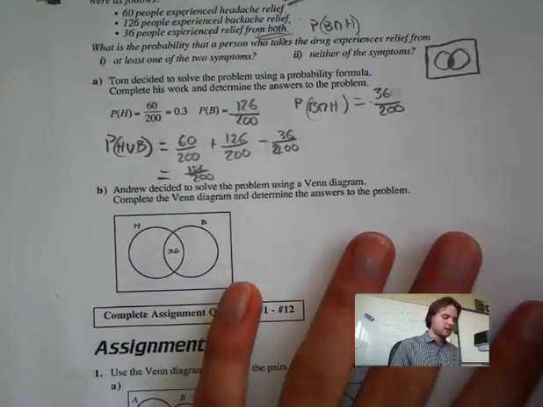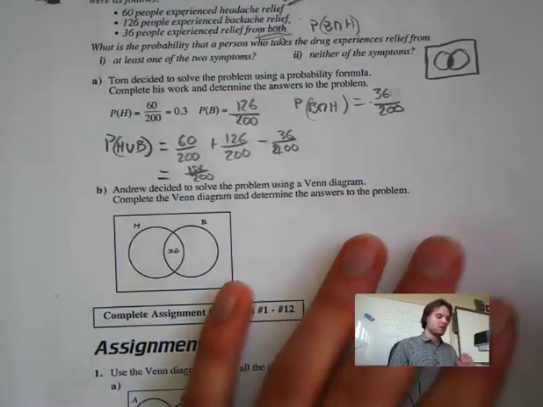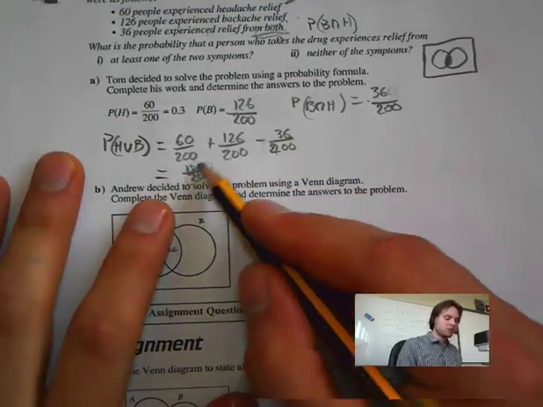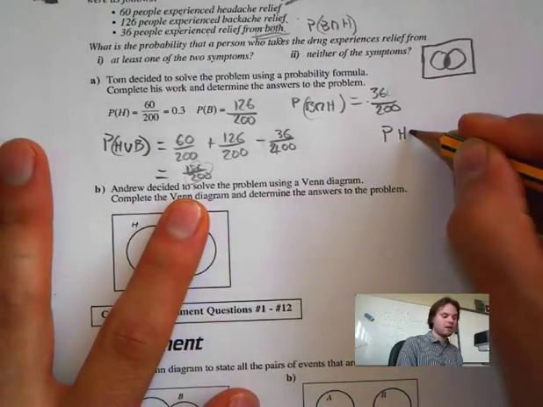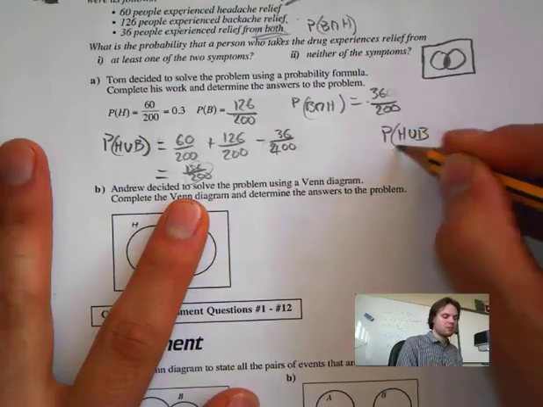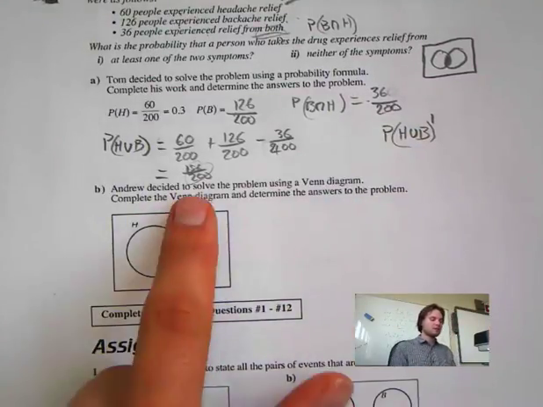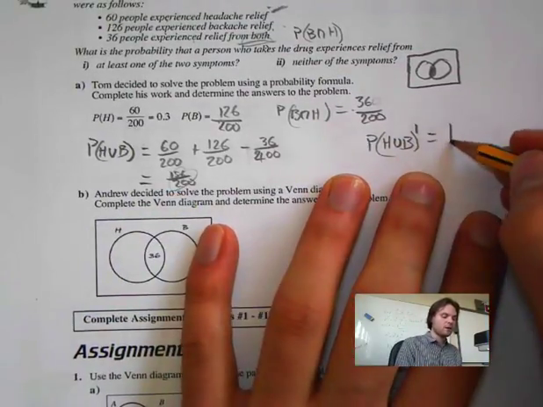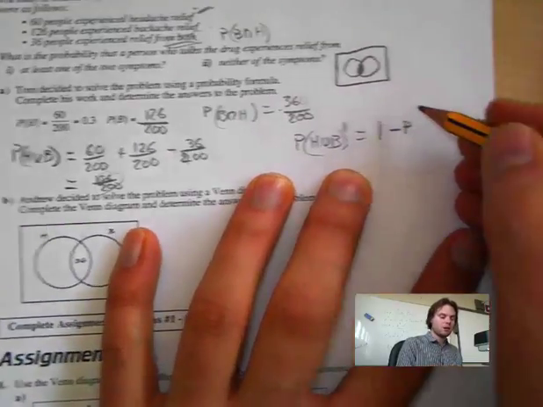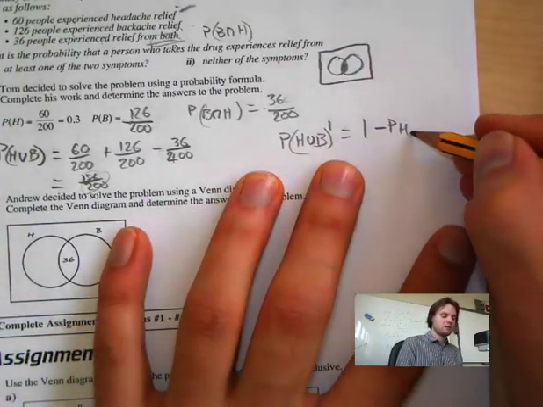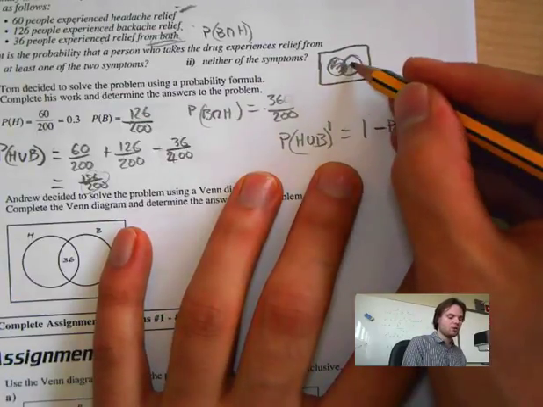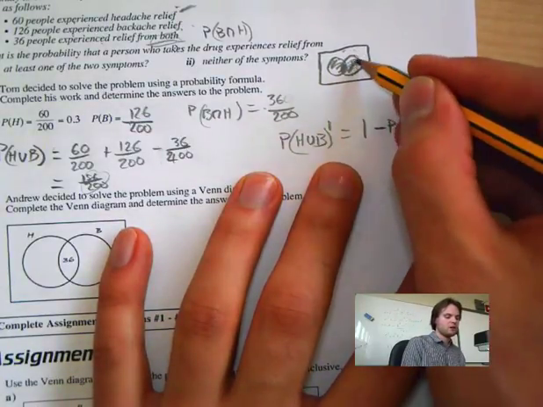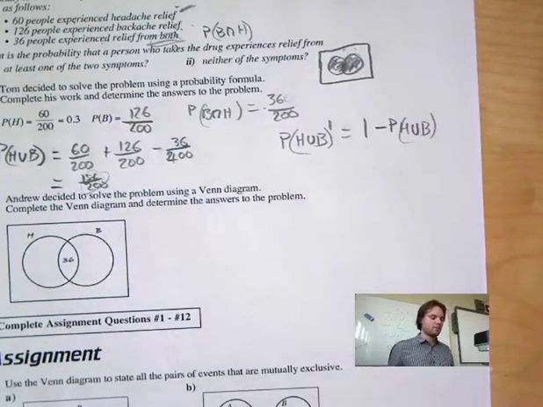Now part 2 says neither of the symptoms, so nothing was helped. So that is the probability of not having a headache or backache being helped. So that's the not, the exact opposite, which is equal to 1 minus the probability of headache or backache, because it's everything else out of here. So it's all of this we want, everything besides that shaded area.